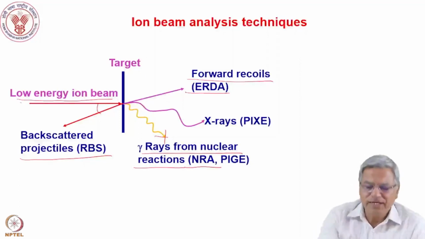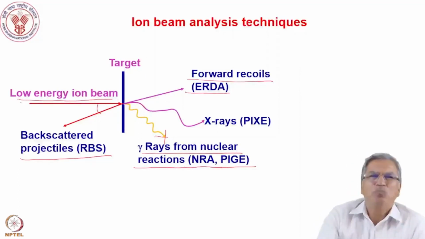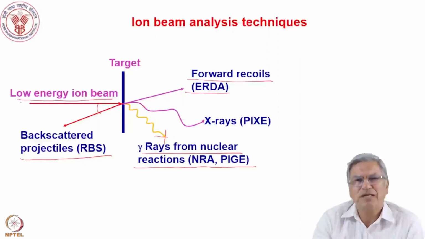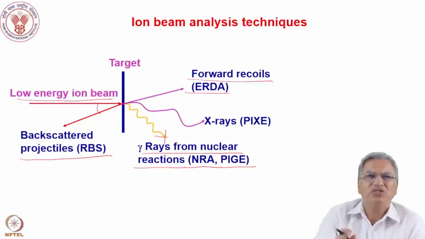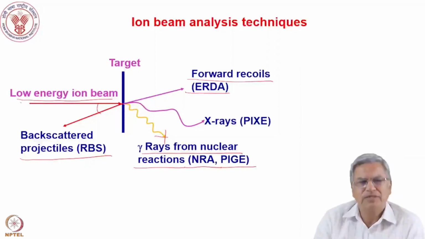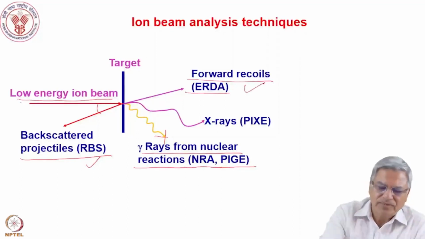One of the variants of this is particle induced gamma emission, PIGE. Mostly protons are used. They are similar techniques, but the difference will become clear when we discuss each technique in this lecture. So in a nutshell, these are the four types of interactions which we will be utilizing in the different nuclear analytical techniques: RBS, ERDA, NRA, and PIGE.